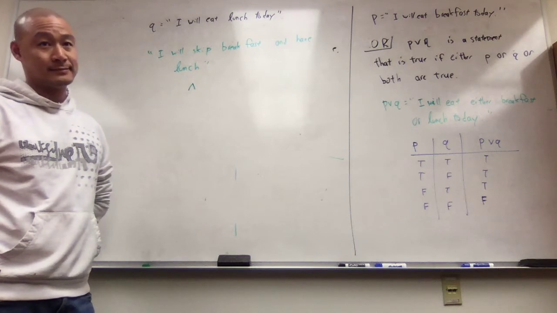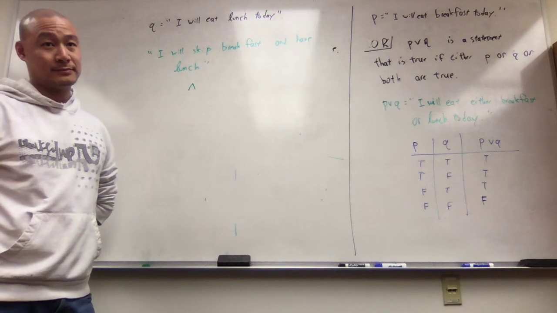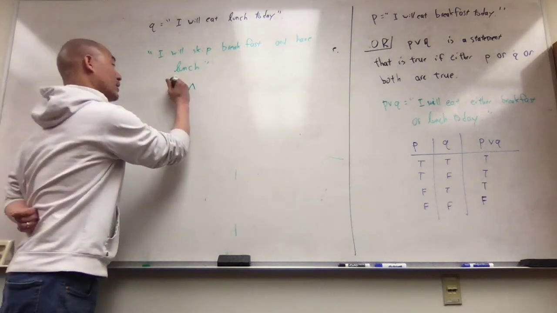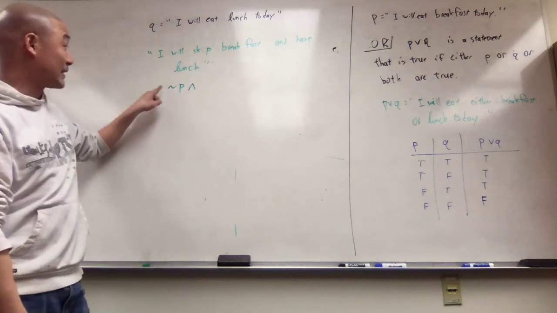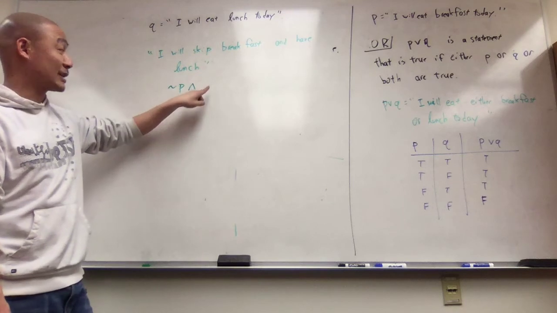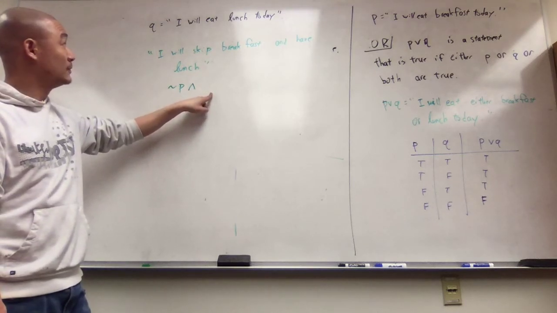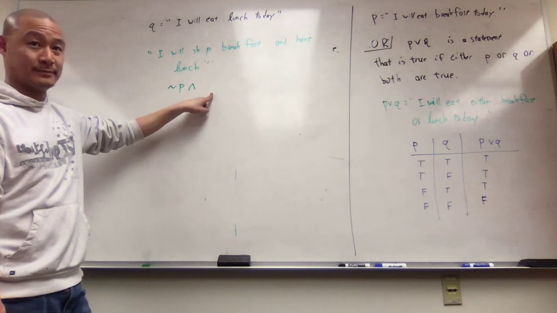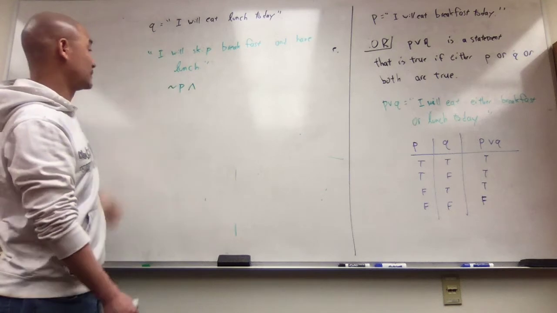Yes. I was about to say "I will not eat breakfast." All right. P is eating breakfast, so not P is skipping breakfast, right? And you're going to have lunch, so "I will have lunch," of course.